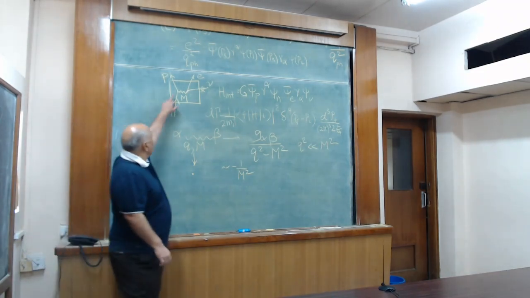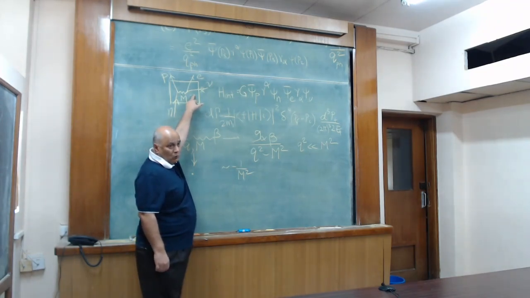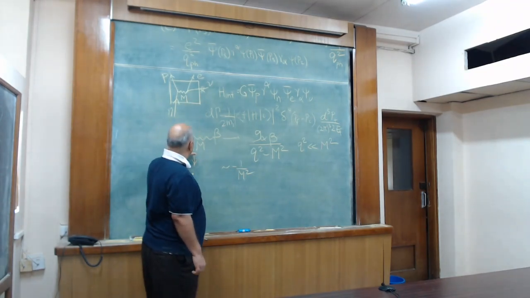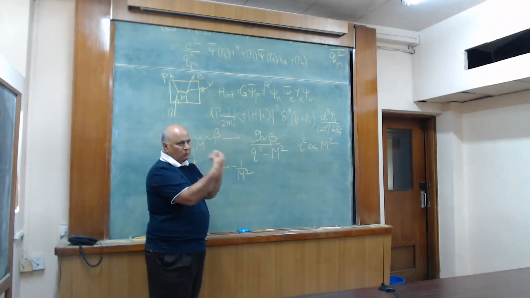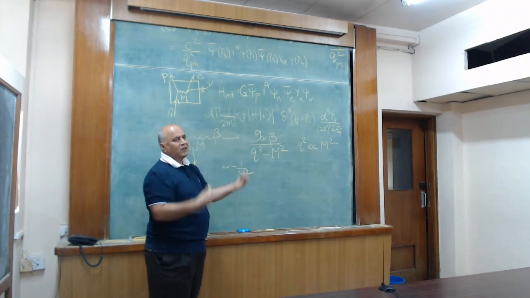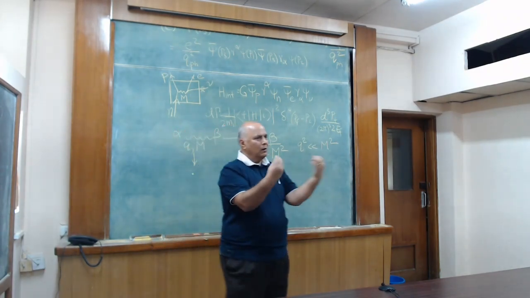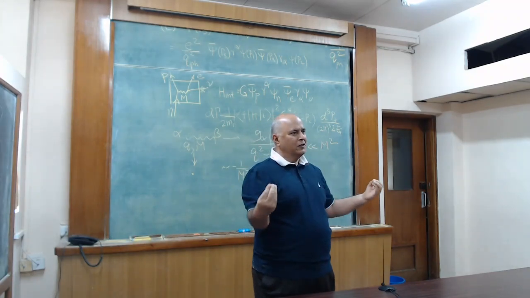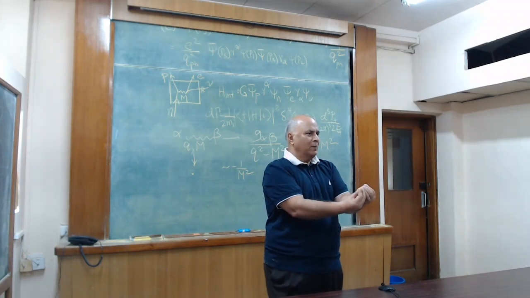So this is point x1 and this is point x2. And I must have visible momentum to distinguish x1 and x2. But if the momentum is so small, I can't distinguish between x1 and x2. I practically consider them to be the same point.